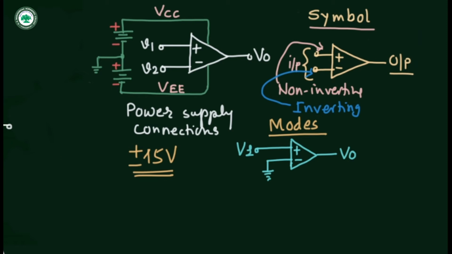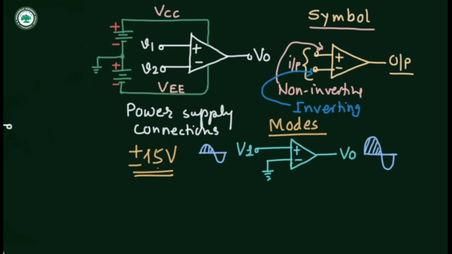If a sinusoidal waveform is applied, the input will look like this. As it is the plus terminal, the exact magnified version will be seen at the output side. So this is about the non-inverting input applied.